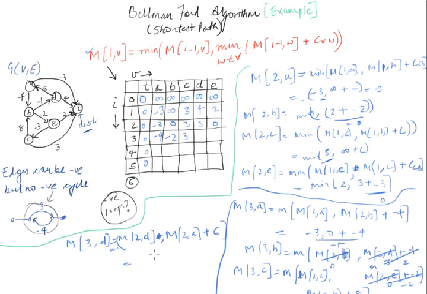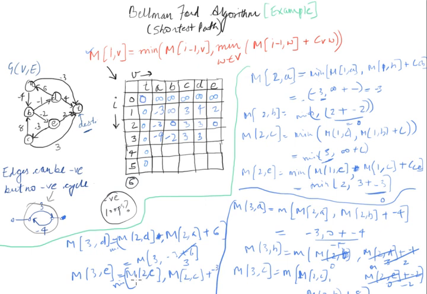This would be the minimum of 2D, or C, M2C plus cost of CE, which is minus 3.